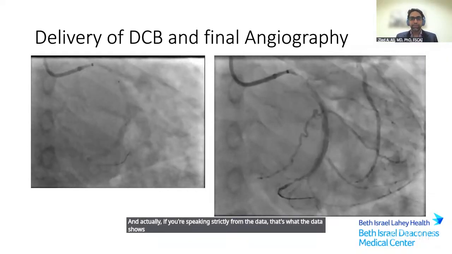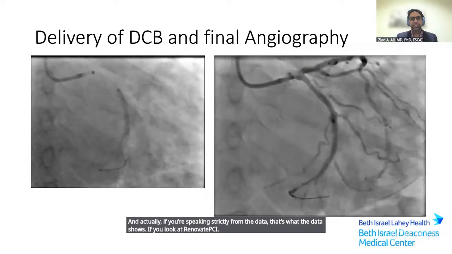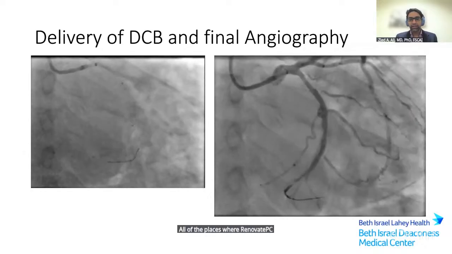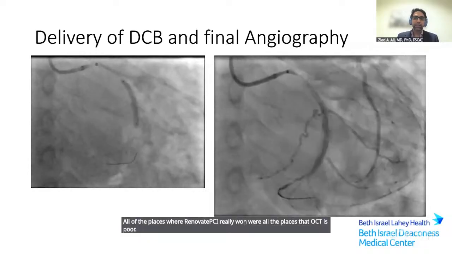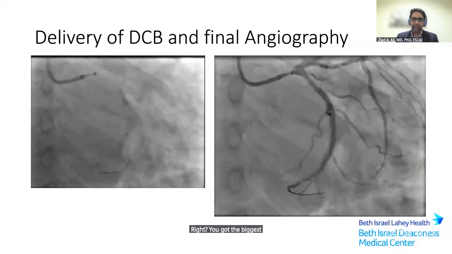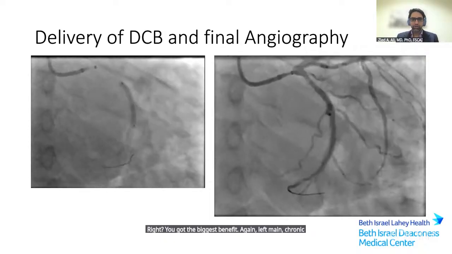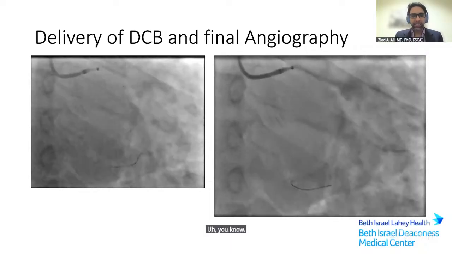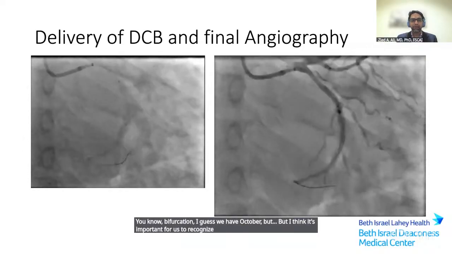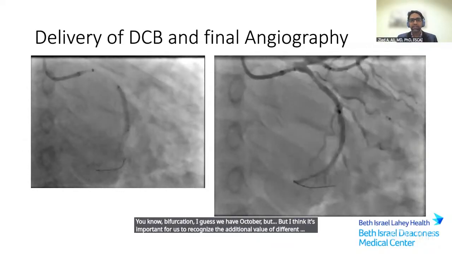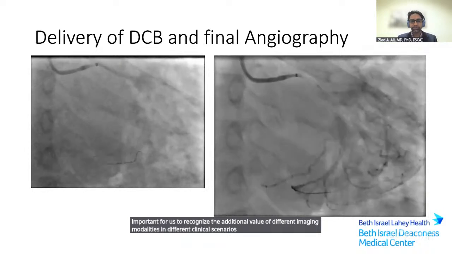If you look at Renovate PCI, all of the places where Renovate PCI really won were all the places where OCT is poor: left main, chronic total occlusions, bifurcation. I guess we have OCTOBER, but I think it's important for us to recognize the additional value of different imaging modalities in different clinical scenarios.